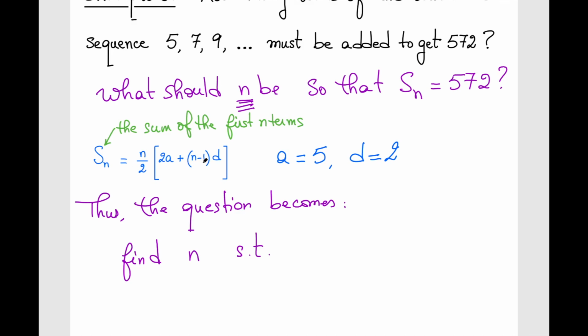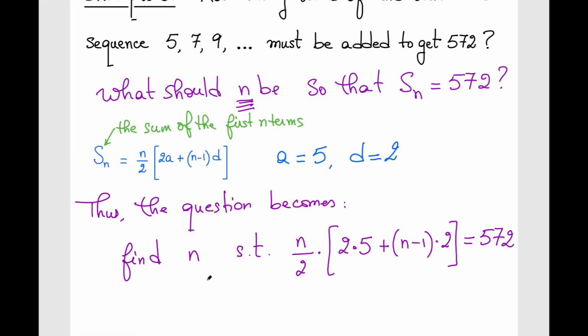And what's Sn? It's this: n over 2 times (2 times 5 plus (n minus 1) times 2). This should be 572. So the question is to find this n that does this job.